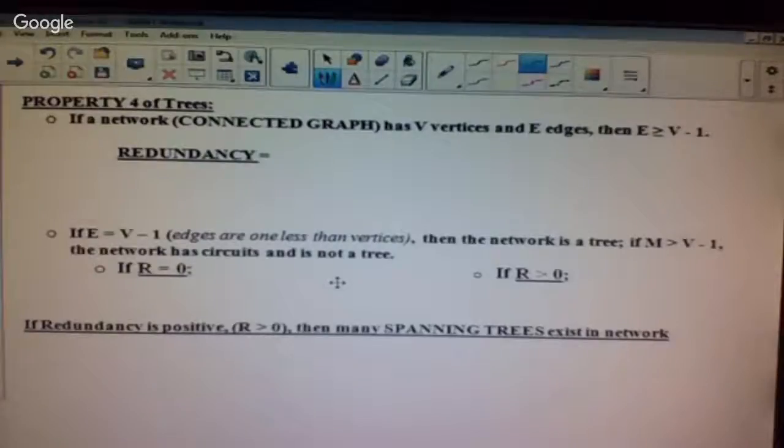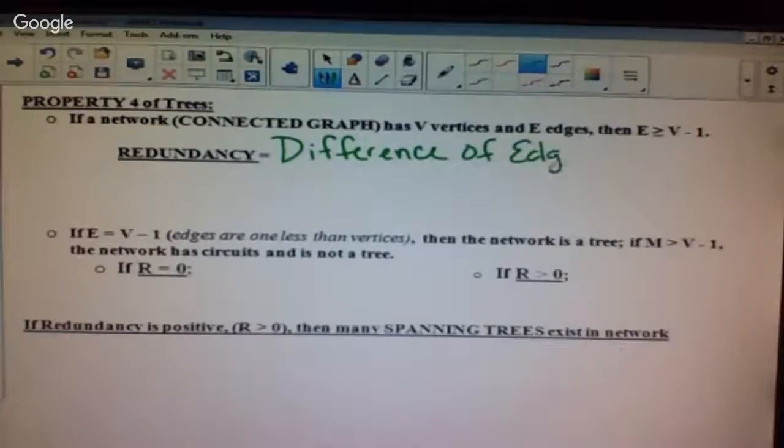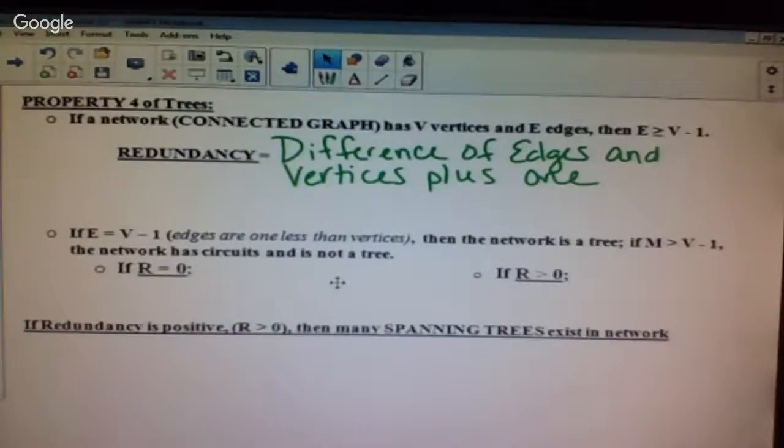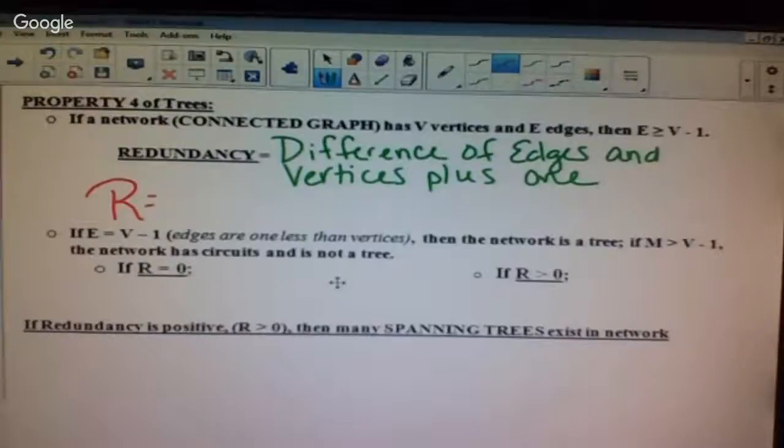Your redundancy formula is the difference of edges and vertices plus 1. So in other words, R equals E minus V plus 1, edges minus vertices plus 1.